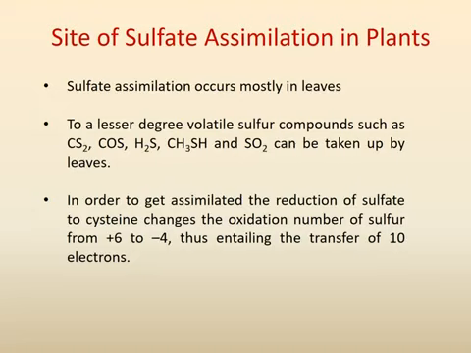In order to get assimilated, the reduction of sulfate to cysteine changes the oxidation number of sulfur from +6 to -4, thus entailing the transfer of 10 electrons. Glutathione, ferredoxin, and NADPH or O-acetylserine may serve as electron donors at various steps of this pathway.